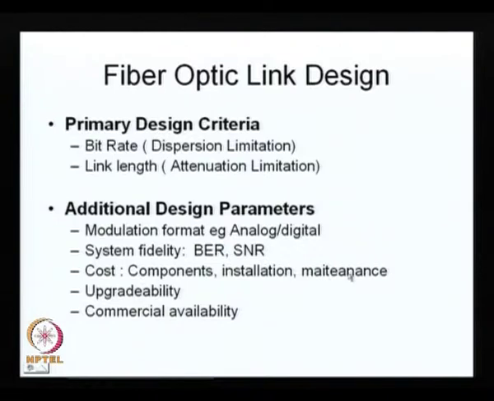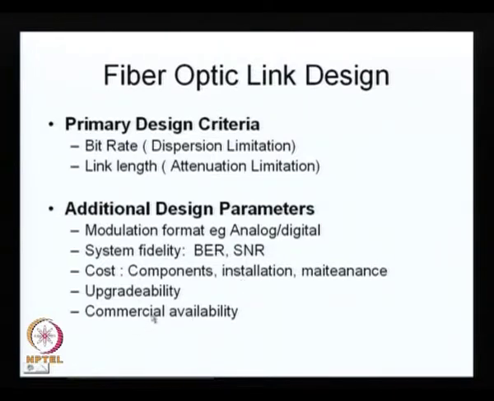So, what that means is that the electronic systems which are going to be connected to the optical fiber should be easily upgradable. That means with minimal change in the systems which are connected on either side of the optical fiber, your system should be able to accommodate the new technologies. It should be able to accommodate the new requirements on the communication link. So, there should be good upgradability possible in the fiber optic system.